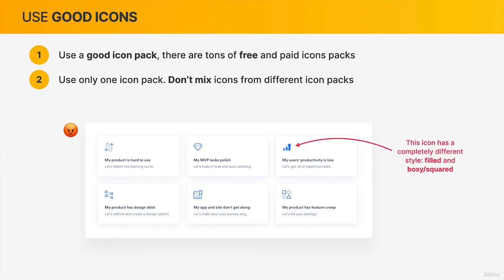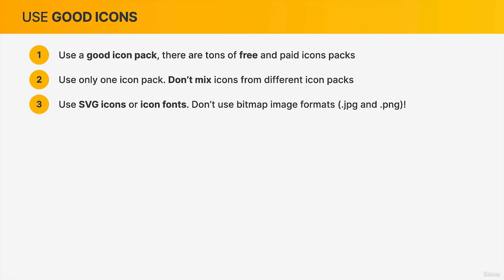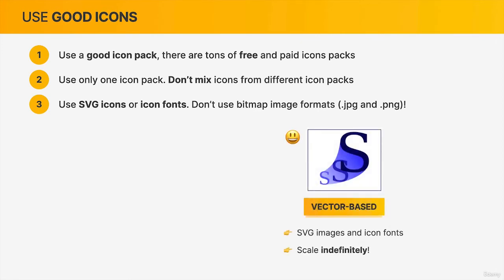Next up, you should only use icons that are in the SVG format or something called icon fonts. That's important because these types of icons are vector-based, which means that we can scale them indefinitely without them getting pixelated. They will not get unsharp no matter how big we make the icons.